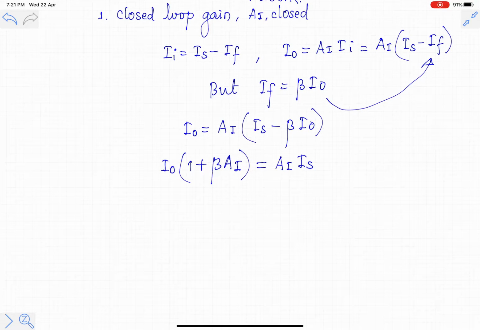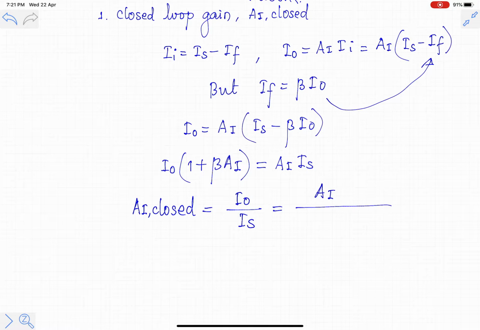So it is very clear that the AI closed is equal to output current divided by input current, which will be equal to AI upon 1 plus beta into AI.